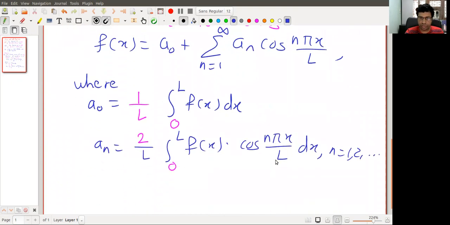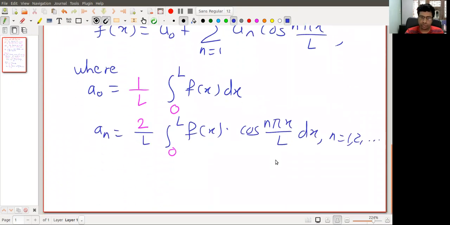Now, similarly, we have the result for odd function. So, second result.